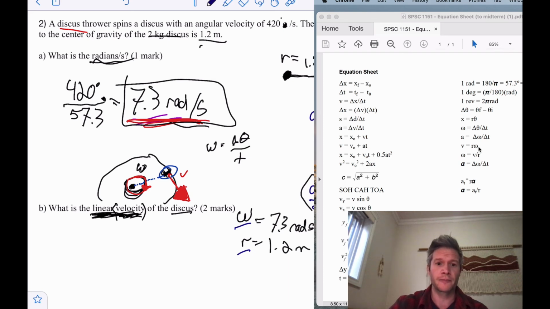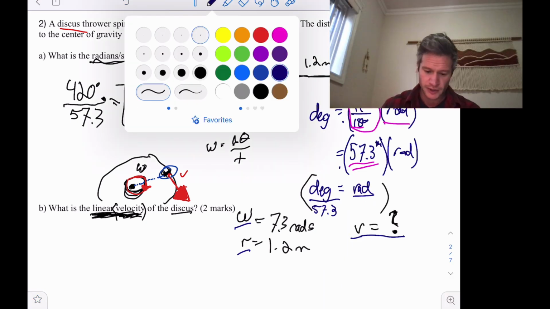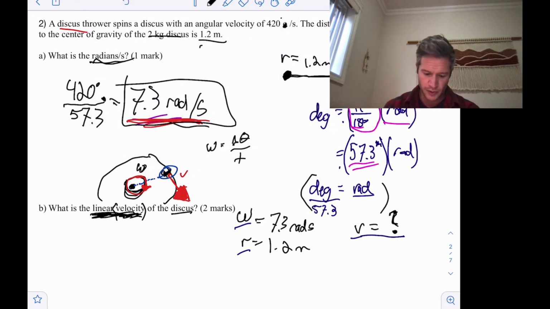That sounds like the one, but just to be thorough, we have angular velocity equals linear velocity over the radial arm. So these two equations are just rearrangements of each other, but we're solving for linear velocity, so we want to use that one. None of the other equations give us what we're looking for. So this becomes a lot simpler of a question, a little bit more of just a plug and play now.